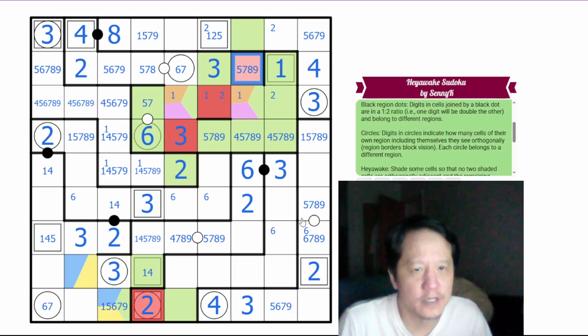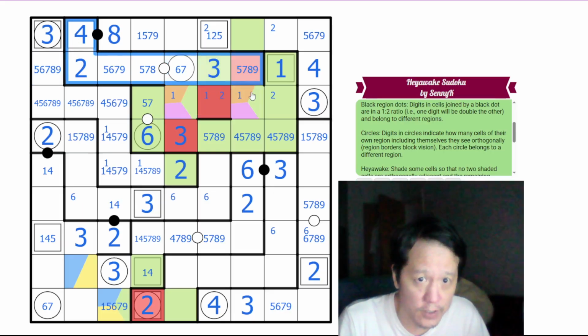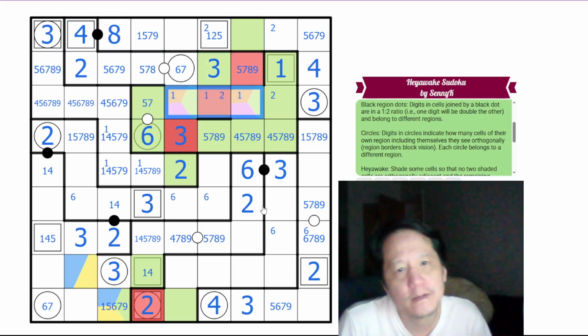What else do we need access to? We don't really need access to anything else, just this cell. So the remaining cells for this region here are this cell and a 1. But we don't have that.